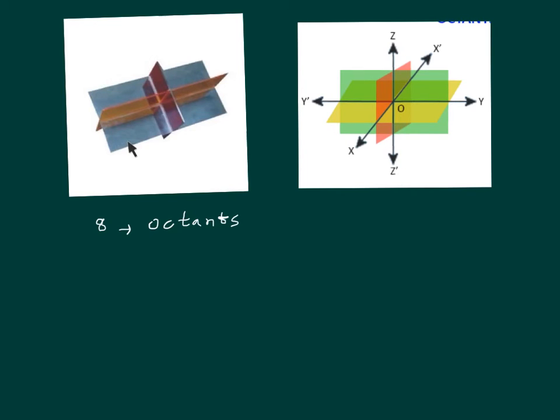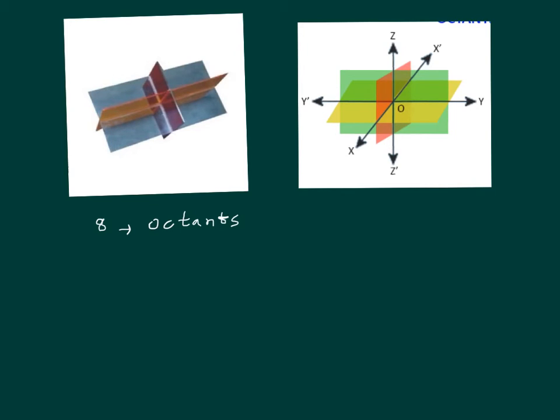Clearly in this figure we can see the three planes, the XY plane, then the ZX plane, that is the orange one, and the YZ plane, that is the red one, and they are dividing the whole space into eight spaces, four on the top and four below the planes. Hence we have eight spaces called octants.